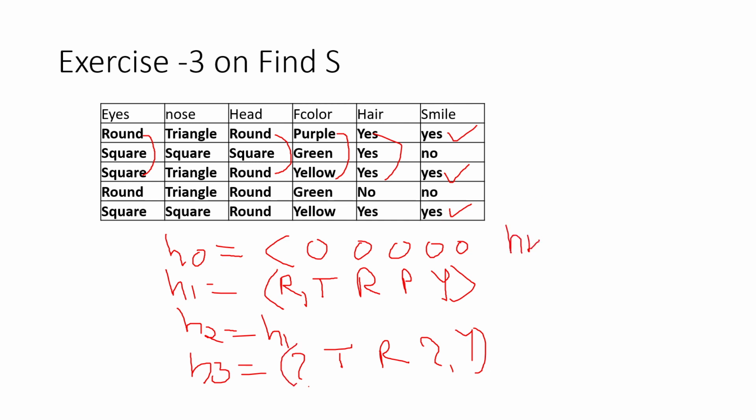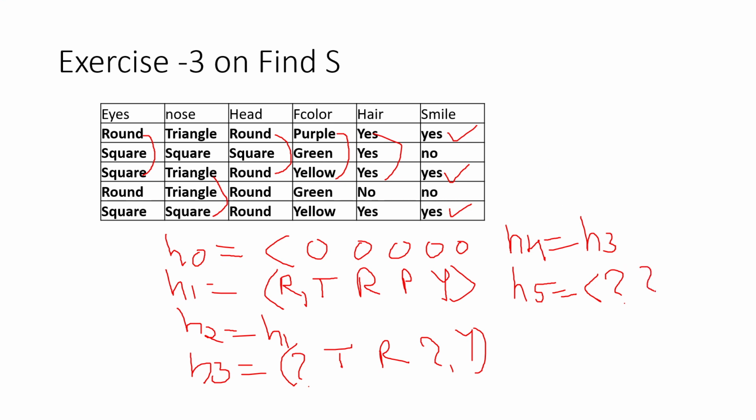The fourth example remains the same because it is a negative example. The fifth example is positive. We see whether any parameters changed or not. So the first is already a question mark. No need to check it. Triangle: the second parameter, type, need not be triangle, it can be square also.